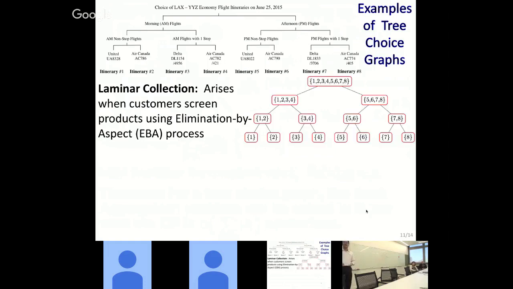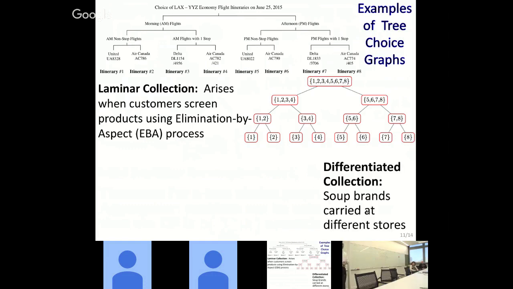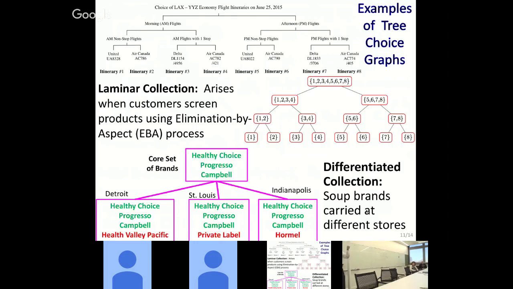In that case, the collection of subsets that you encounter from this process would look something like this. You see the whole assortment, you narrow it down by different features, and you get smaller and smaller subsets. And that choice graph is a tree. Another one that we see very frequently is what we call a differentiated collection. Say we were looking at soup brands carried by different stores in our chain.